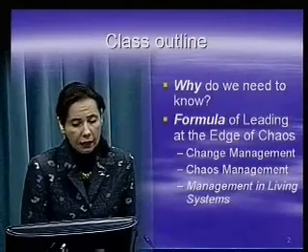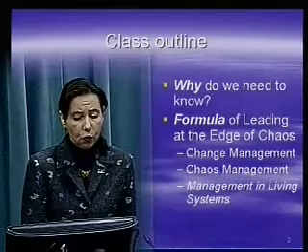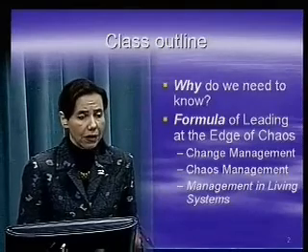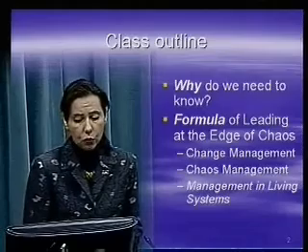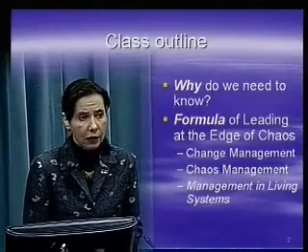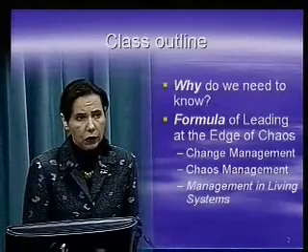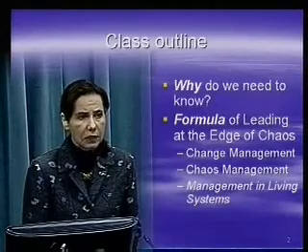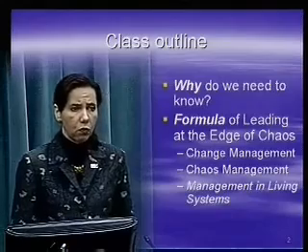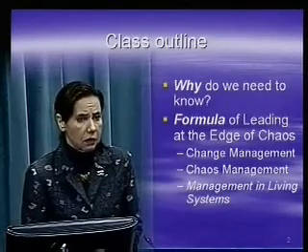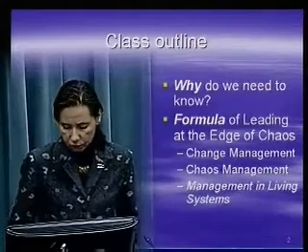Leading at the edge of chaos includes first, understanding change management and being able to manage change. Second is chaos management. And the third is management in a living system, in other words, learning from adaptive living systems, learning from nature.